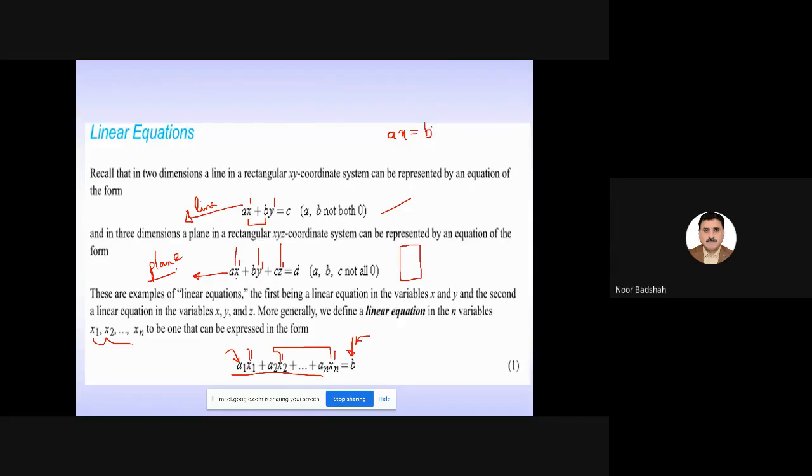Okay, if you are in 1 dimension, that's simply a point. Whereas if you are in 2 dimension, it will represent a straight line, even though you are having one variable.